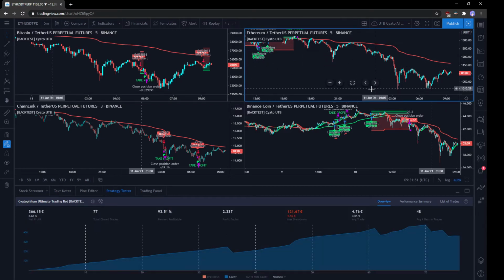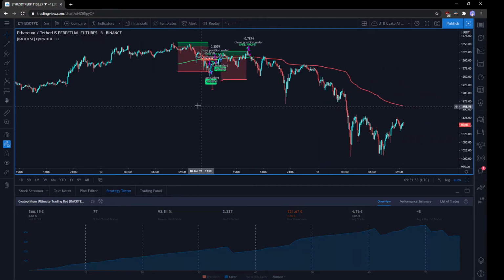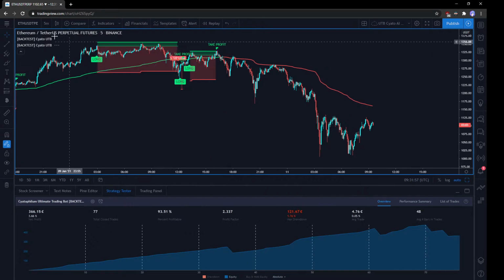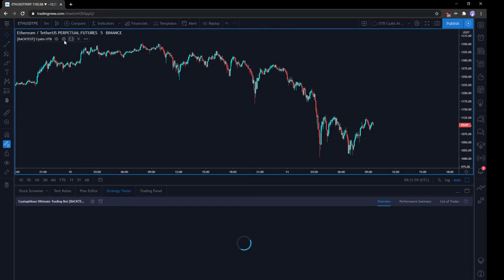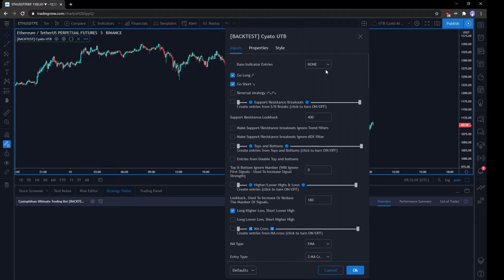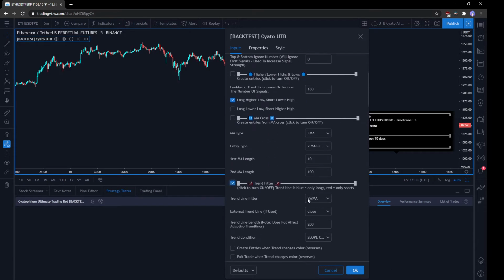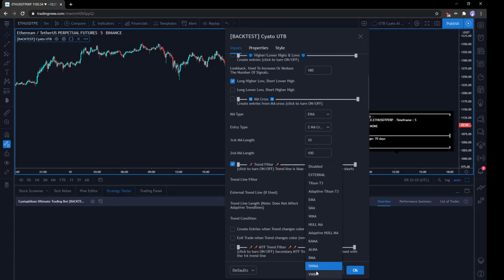Now on Ethereum, I need to add the indicator once again. So this was the version we need to close it. So no fine tuning, just using the same settings, and we'll see how it works.